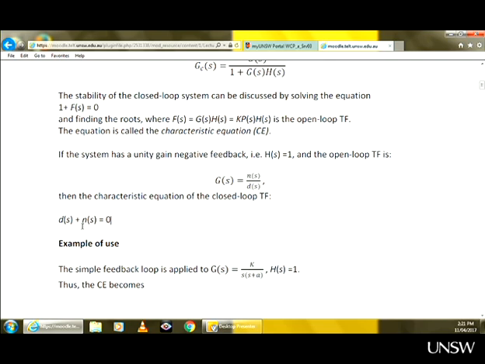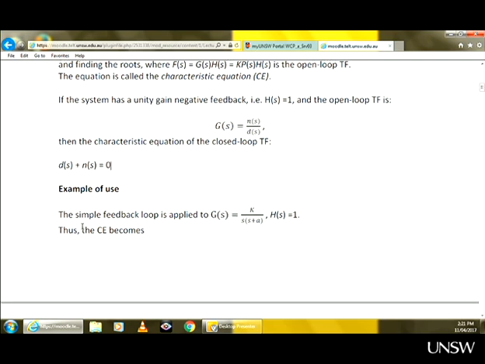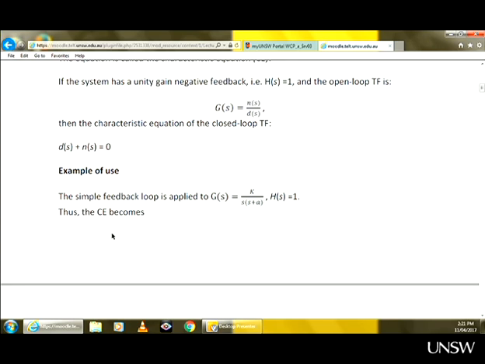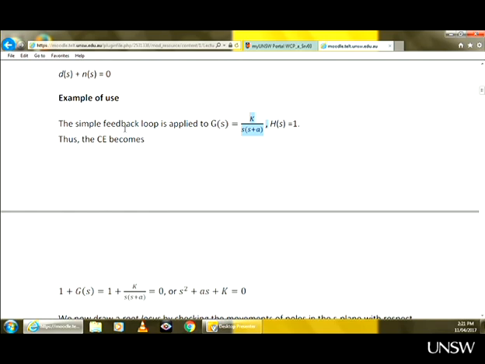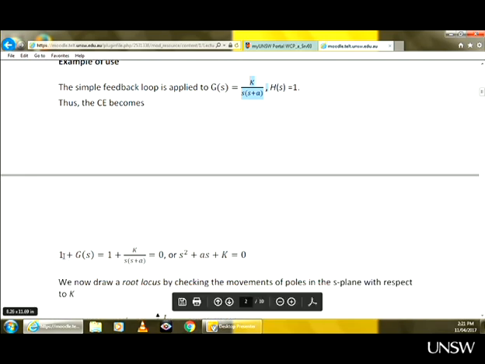Okay. So let's start with a very simple example. You have a second-order system, k over s times (s plus a), assuming H of s to be 1. Then the characteristic equation becomes 1 plus G of s, which is 1 plus k over s(s plus a), or s squared plus as plus k equals 0, the characteristic equation.